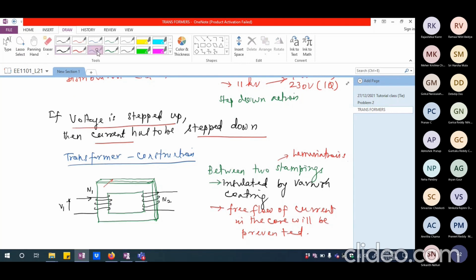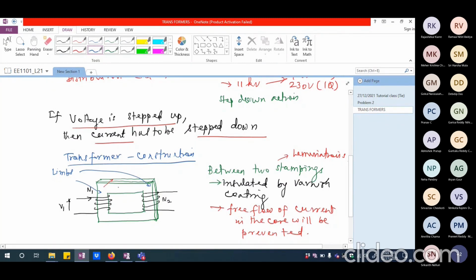Okay. Generally, we call these two portions which are actually having the winding, these two we call as limbs. These are the vertical structures around which we are going to put the windings. And the windings will also be insulated so that the current is not going to flow from the winding into the core directly, because the windings will also be surrounded by its own insulation.